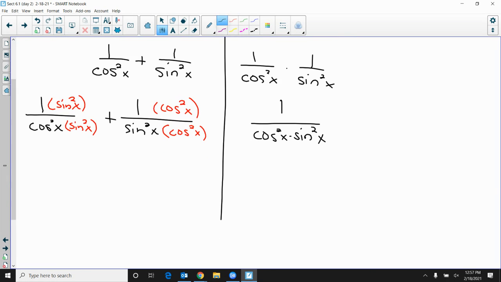They're going to have the same denominator, so I can just write this as sine squared plus cosine squared over the same denominator, which is cosine squared times sine squared.